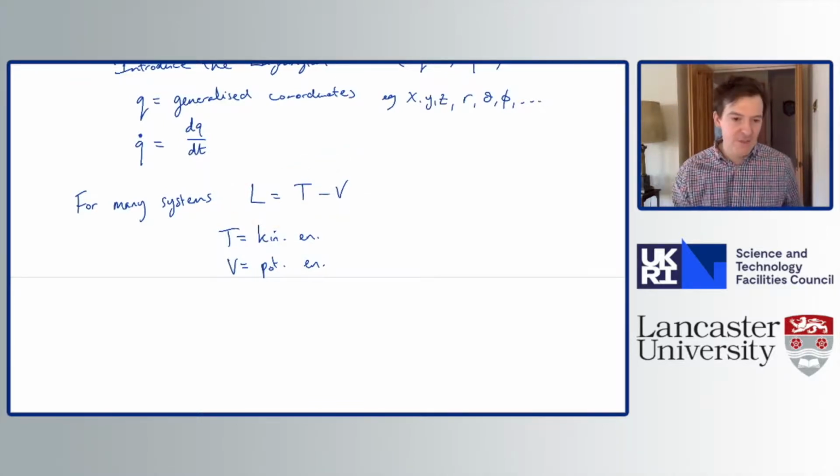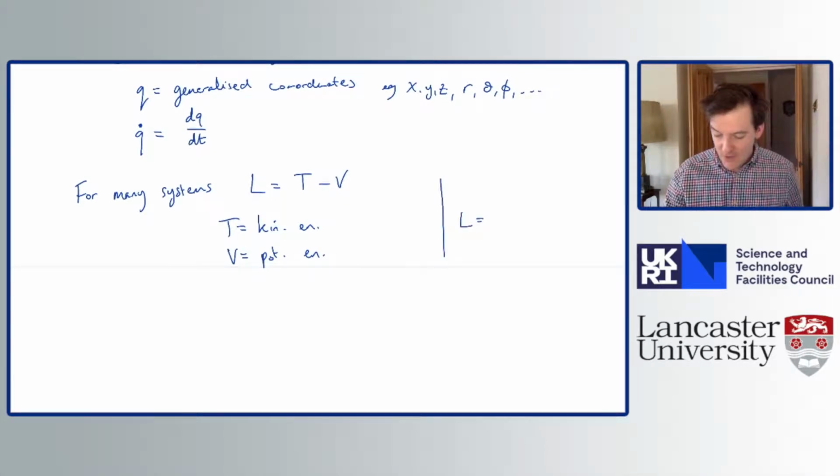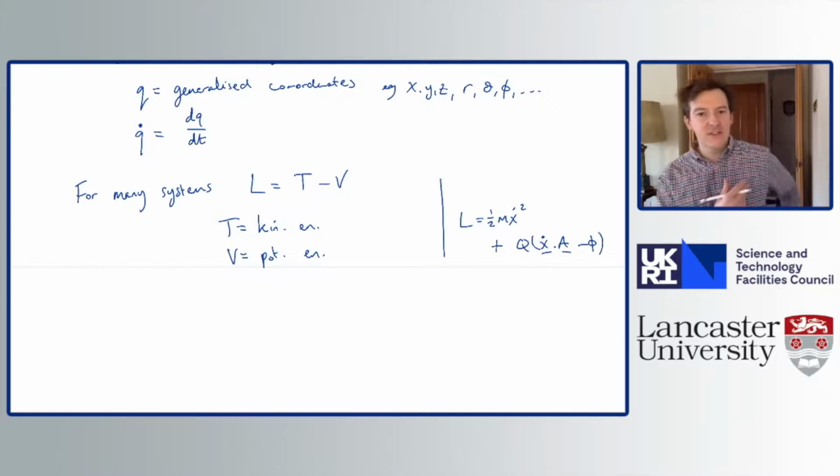There's a well-known example where the Lagrangian is not of this form. For instance, a particle in a magnetic field isn't in this form. For a particle in a magnetic field, it does go like the kinetic energy, but then it doesn't quite go as minus V. It takes a different form. It ends up depending on the vector and the scalar potential in a different way. We're not going to particularly use it in this course.